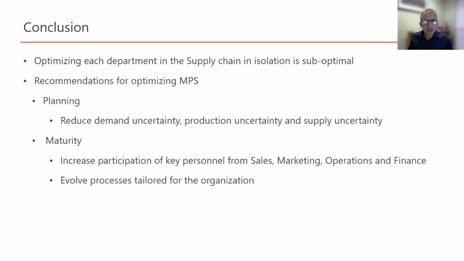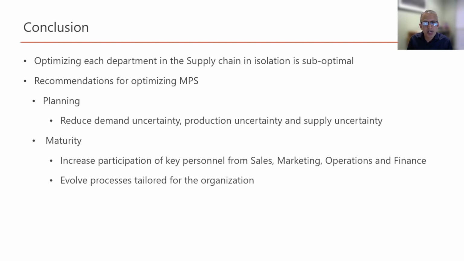Let me recap the two main points of this video. One, optimizing in isolation is suboptimal. Optimizing the entire supply chain is more complicated, but more rewarding too. And second, if we want to optimize MPS in isolation or not, our data needs to be complete and accurate.